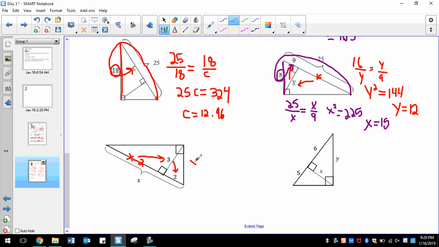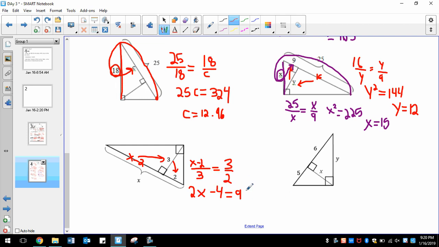So it's going to be x minus 2 over the altitude, which is 3, equals 3 over 2. Then you cross multiply, so 2x minus 4 equals 6. Sorry, not 6, 9. It's too late.